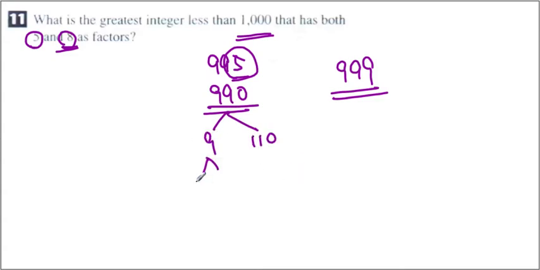And then here 9 is equal to 3 and 3. And here we end up getting 2 times 55. And we only have one 2. Since the factors only have one 2, that means in order for you to have 8 as a factor, you need three 2's. Because 2 times 2 times 2 becomes 8.